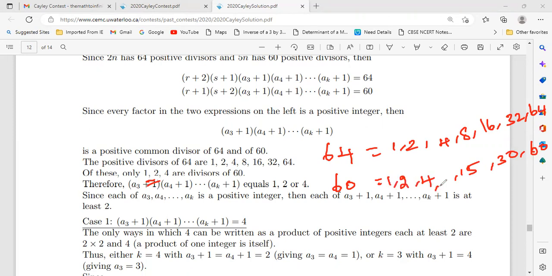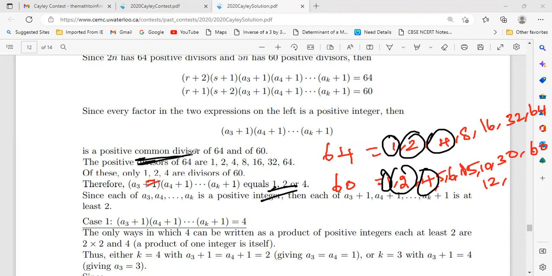We'll have 5, and 6 as well. There is no 7, 8, 9. Yeah, you will have 10 as well. This is 15, and 12 also. So you will list down all of them and then you will just circle the common ones. That is how you will find the common divisors of 64 and 60.